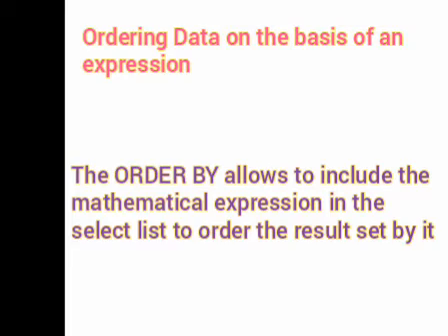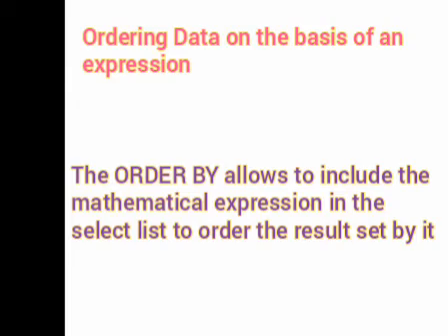Sometimes we need to display the result of a calculation or a mathematical expression in the result set. This can be done by including the mathematical expression in the select list. In such a case, we may want to arrange the result set in the order of the calculated expression.